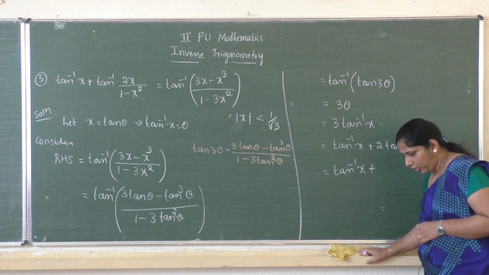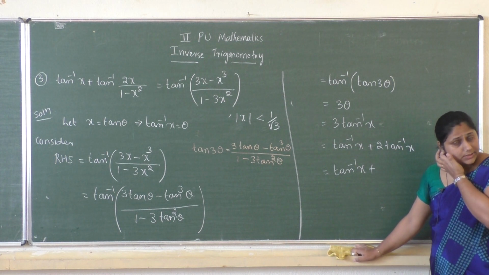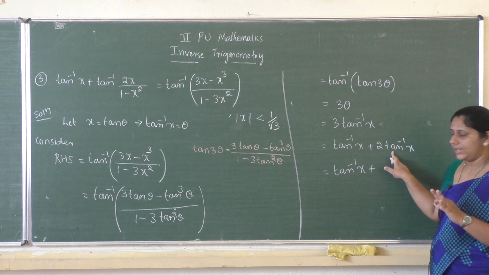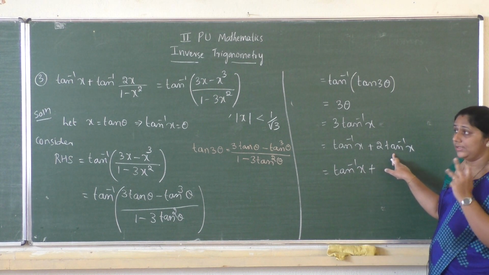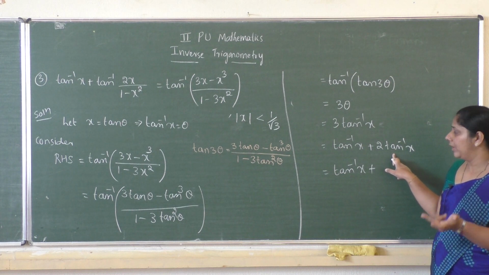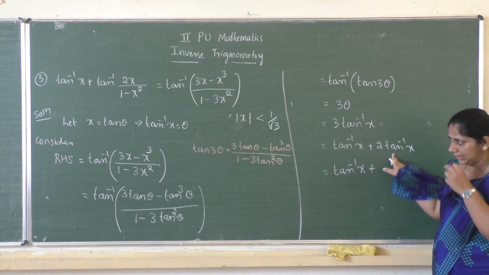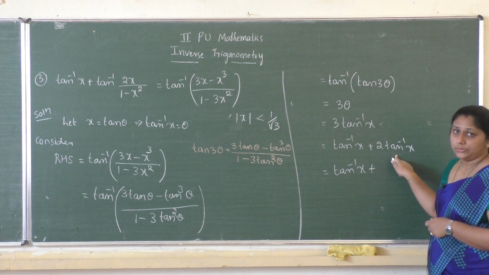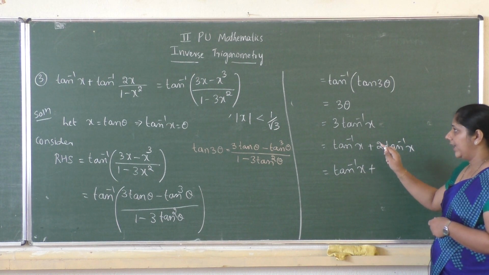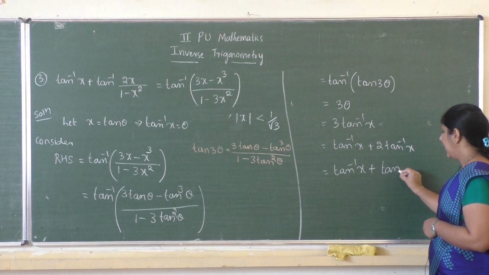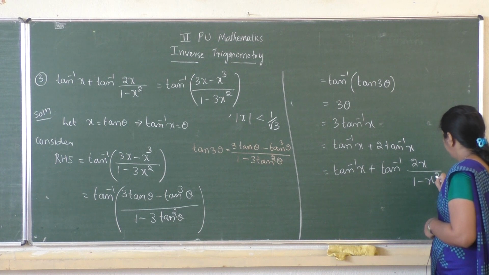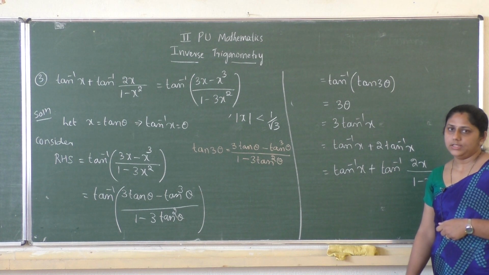Actually we have 3 formulas for 2 tan inverse x, in terms of sin inverse, cos inverse, and the third one regarding tan inverse. So what is the formula for 2 tan inverse x in terms of tan inverse? That is tan inverse of 2x divided by 1 minus x square.